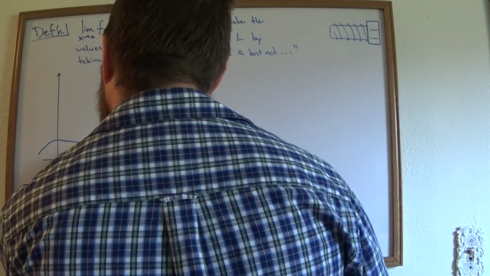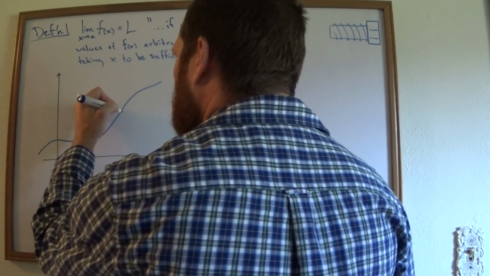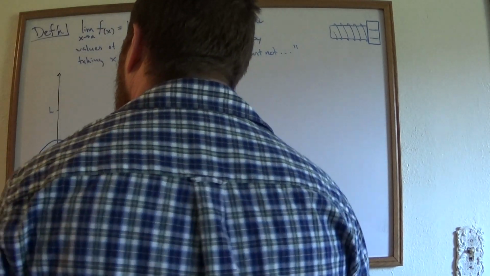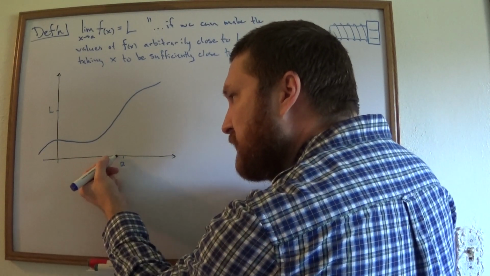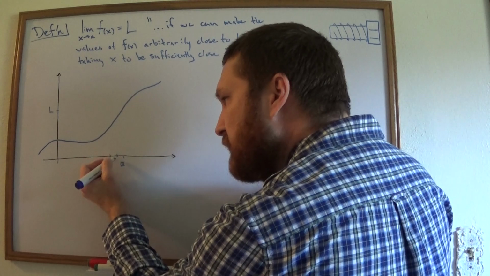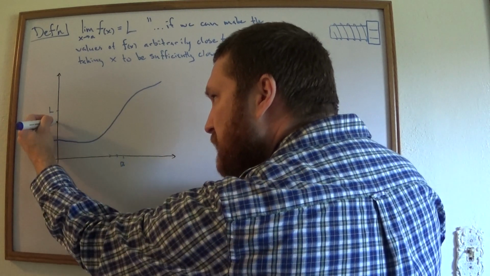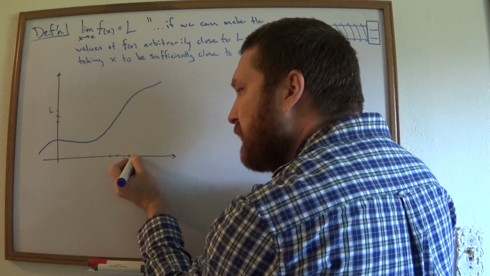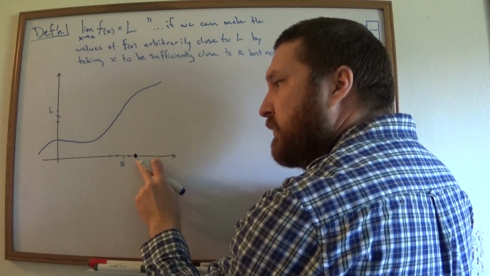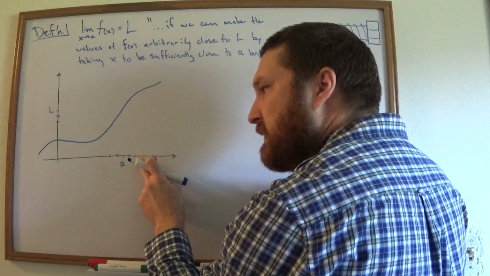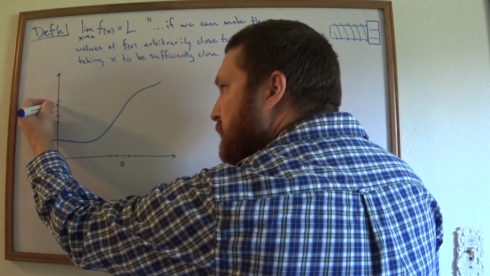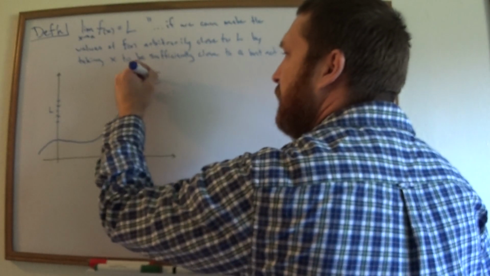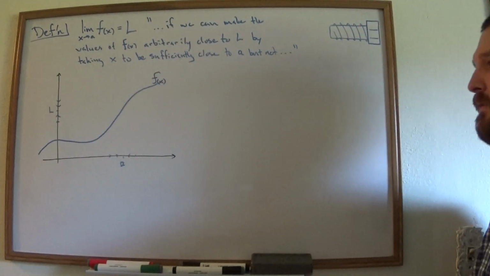And we say that the limit as x goes to a equals L if, as x gets closer to a, the output values are getting closer to L. And as we tighten up the definition a little bit, it has to work from both sides. So as you go towards a from this side, as x gets closer to a, you're getting closer to L. Nothing new here. And here this is f of x right there. That's the function.